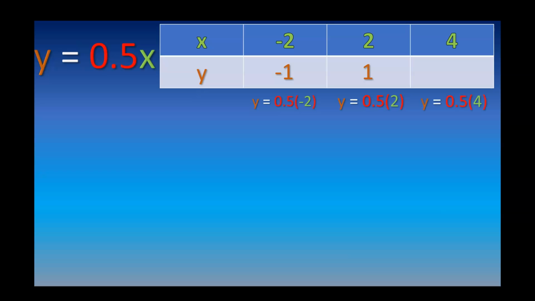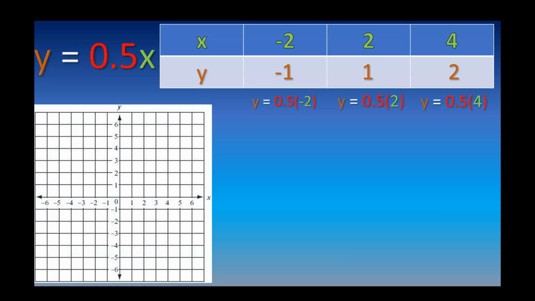And if we put in 4, half of 4 is 2. We can then turn those pairs into coordinates on the graph: -2, -1, 2, 1, and 4, 2, which create a straight line.